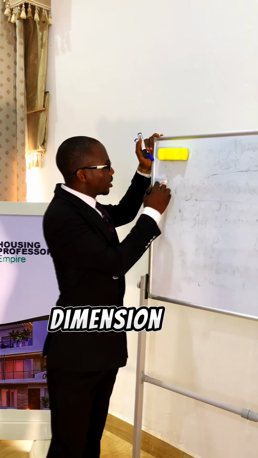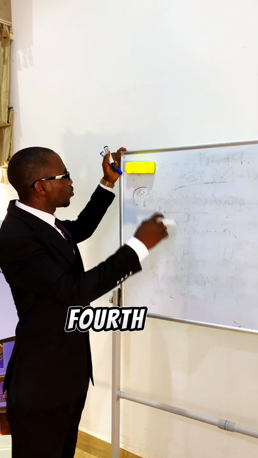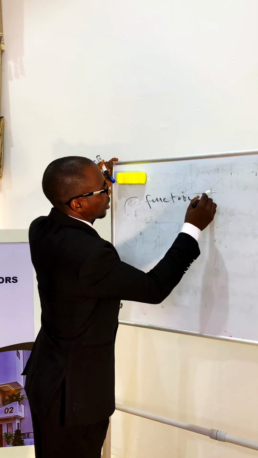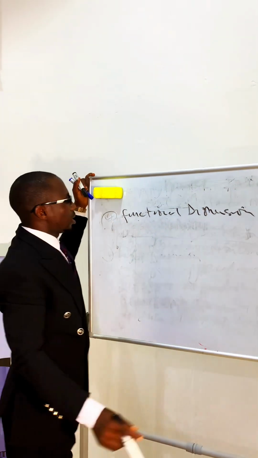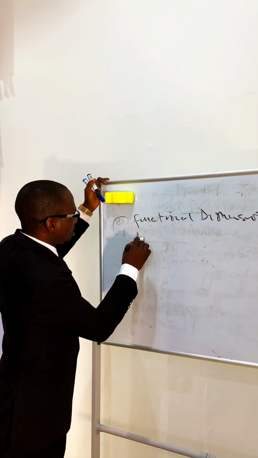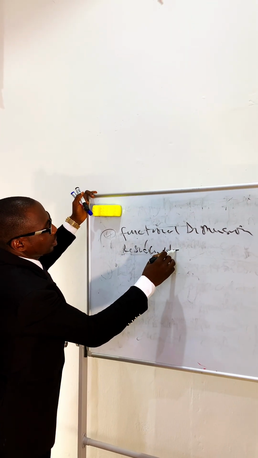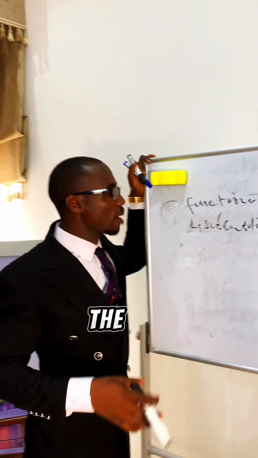So the fourth one is what we call functional dimension. And functional dimension has to do with residential. Of course, it is how particular properties are being used.